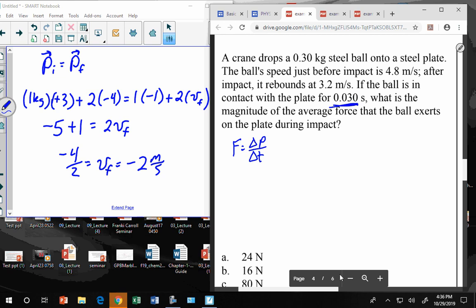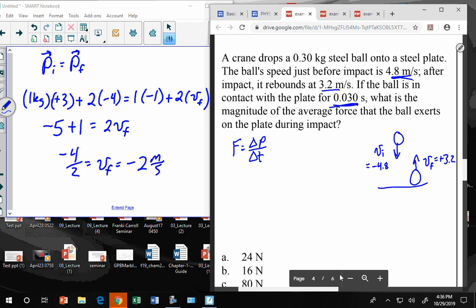Hey. Okay, so the big part of this is finding the right sign, making sure that you get your signs right. And I always like to draw a picture. I have an object. There's my VI. It bounces, and then my VF is in this direction. And so my VI is 4.8, but it's negative 4.8. And my VF is 3.2, but it's positive 3.2.